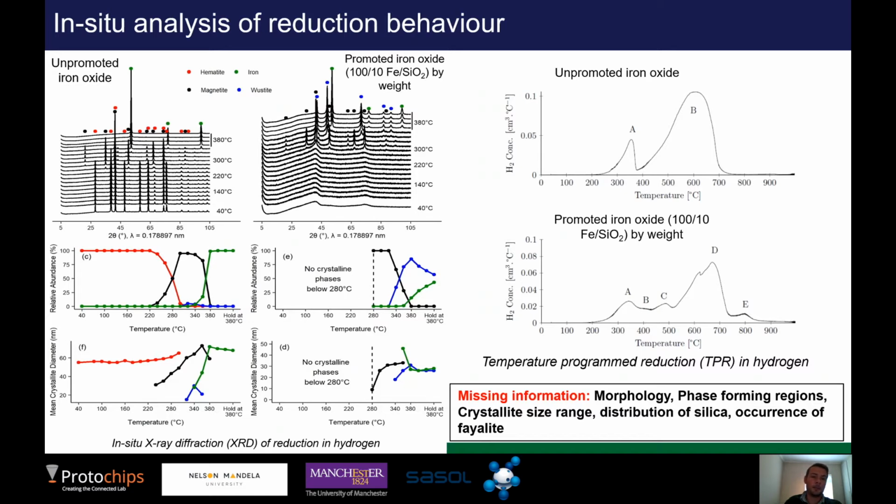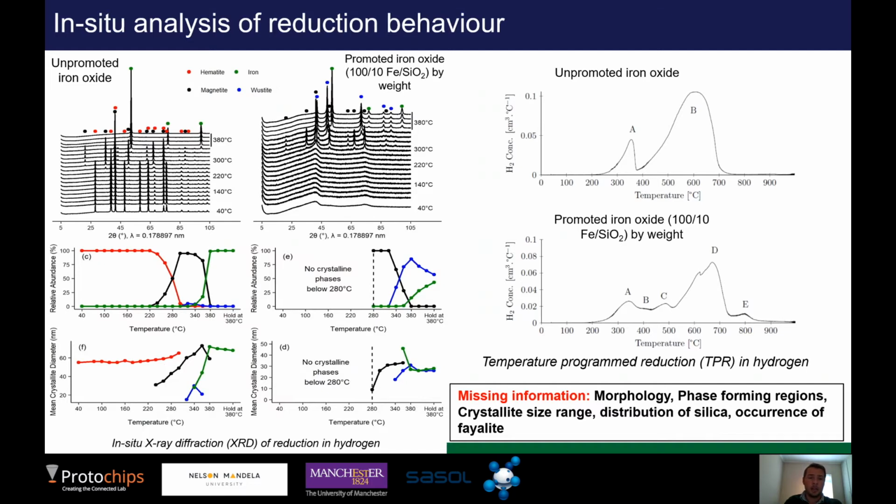If you add a little bit of Rietveld refinement to your XRD data, you can get quite a nice amount of information about what phases are present, their relative abundance, as well as the mean crystallite diameter of these phases at each step of the reduction process.